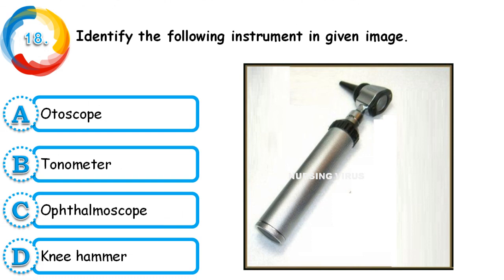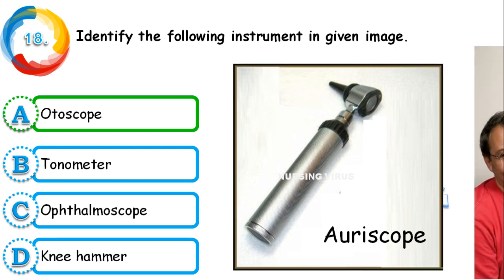Question number 18. Identify the following instrument in the given image. Options are otoscope, tonometer, ophthalmoscope, and knee hammer. The correct option is otoscope. This instrument, otherwise called an auriscope, is the medical device used to look into the ears.